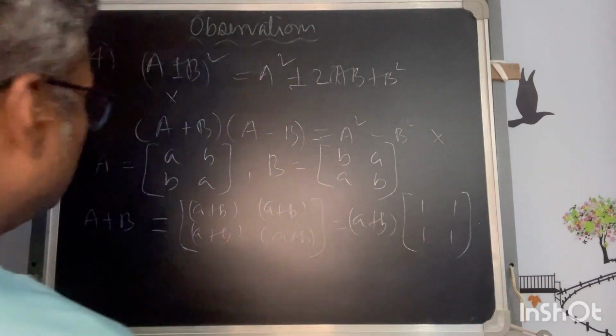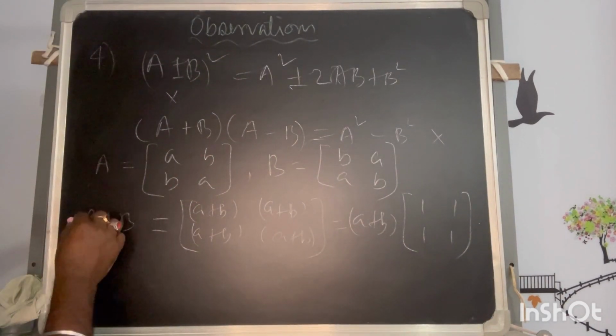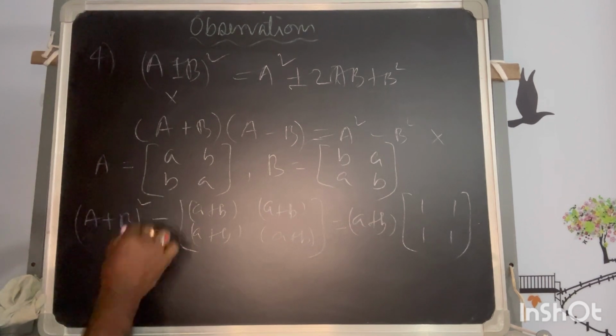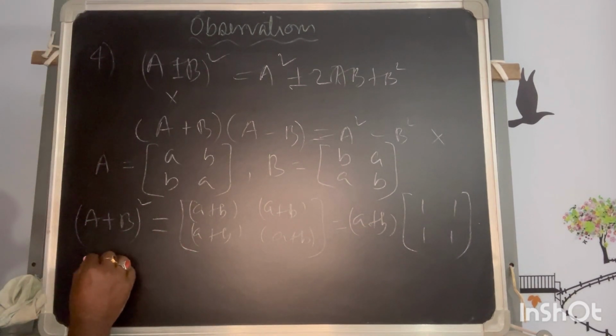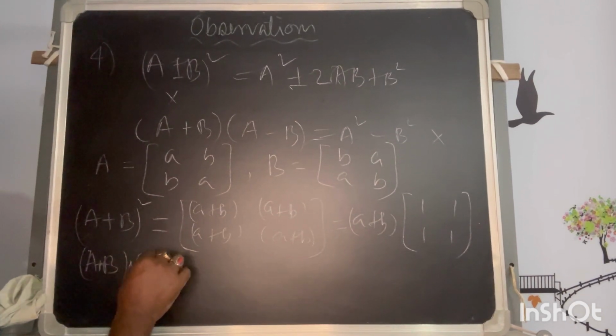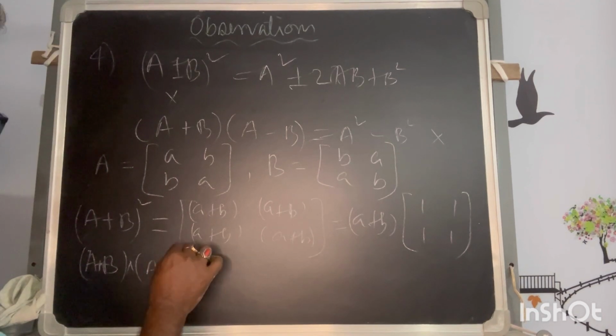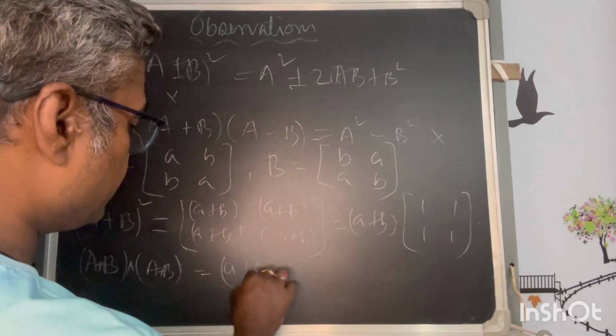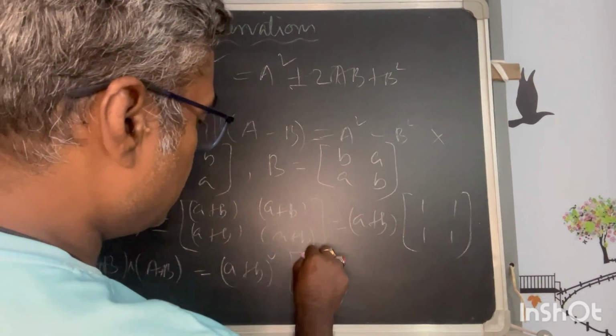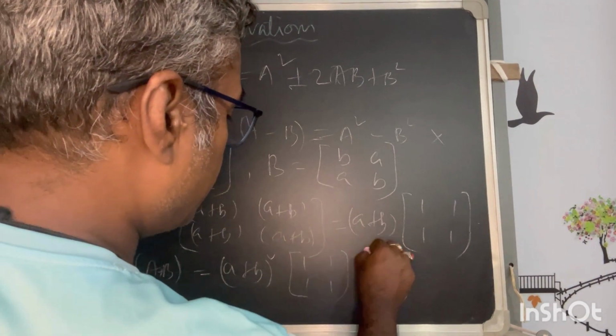Okay, so now if I square it, that means I am multiplying A plus B into A plus B. A plus B is also a matrix. If I multiply it with A plus B, I am multiplying these two matrices. So A plus B whole square will come outside, and the 1 1 1 1 matrices will be multiplied.